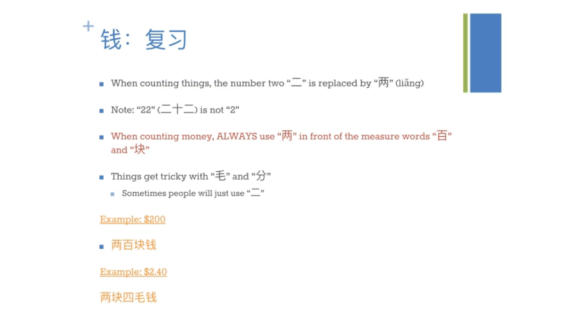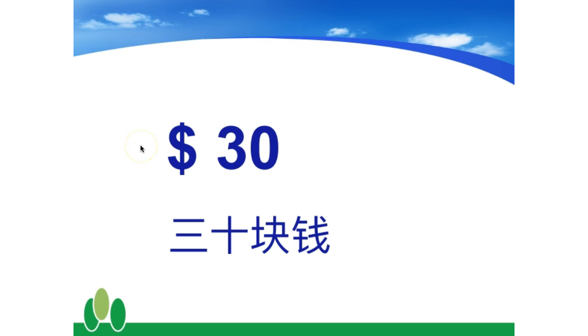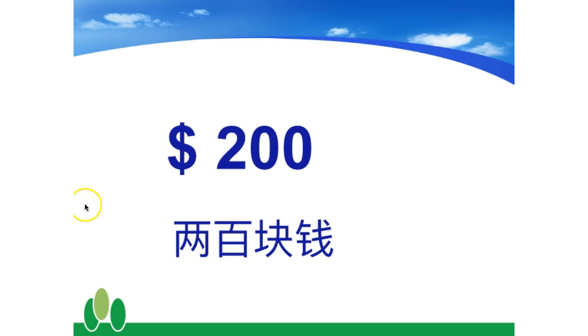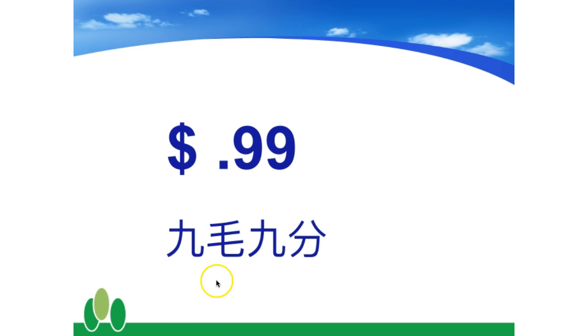Okay, let's finally look at some examples of how we count money. 30块钱, literally $30 of money. 100块钱, $100 of money. 200块钱, $200. 毛9分, this is literally 9 dimes and 9 cents, 99 cents.